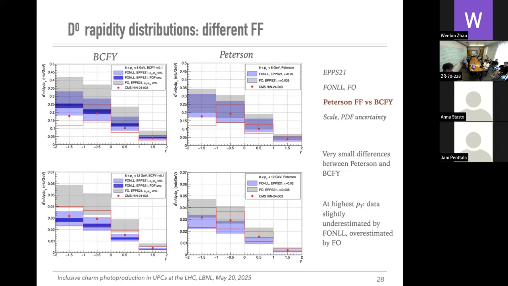Still, these data are between the FONLL and the fixed order. But maybe if we put in, then again, fragmentation, things will change a little bit.